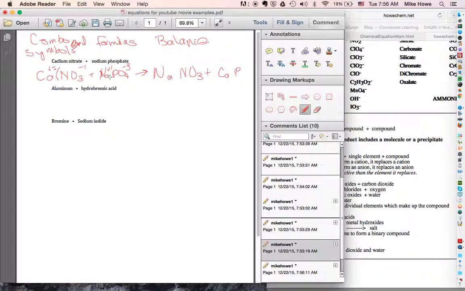So we're going to have 3 atoms of sodium to match the phosphate. Sodium is +1. Nitrate's -1. So that formula is okay the way it stands. Phosphate. Did you notice I forgot to put the PO4 on there? So phosphate, again, is PO4. So calcium is +2. Phosphate is -3.